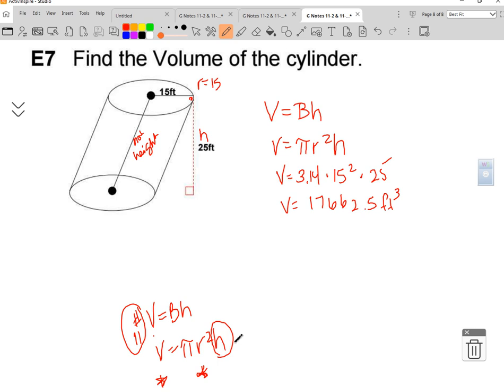On number 11, not number 12. Number 11, you need the Pythagorean theorem to find the height. That's a right angle right there. So this is actually a hint for number 12. The hint for number 11 is you got to use the Pythagorean theorem to find the height. And then you plug in the formula.